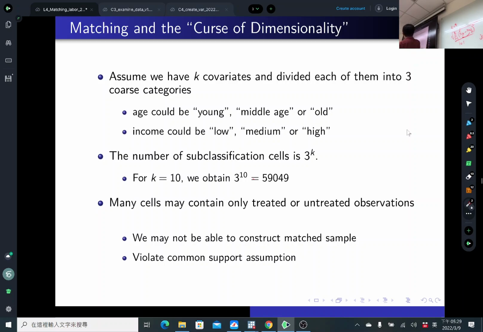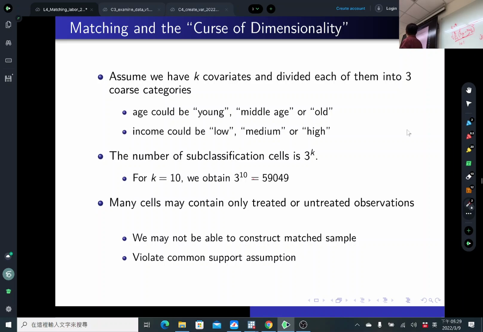Now we need to match. We have 9 groups we need to match, like young individual with low income, young individual with medium income, young individual with high income. So if this individual in the treatment group is a young individual with low income, you need to find someone also within this category.